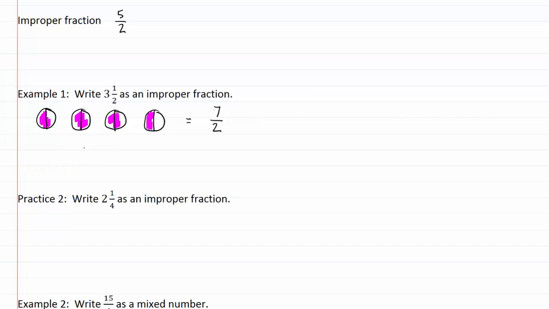Another way you can think about it is I've got 3.5. This number on the bottom here tells me how many parts make up a whole. So I've got 3 whole ones, and each whole has 2 pieces in it. So I can go 3 times 2 to figure out how many halves are in the first 3. That gets me 6.